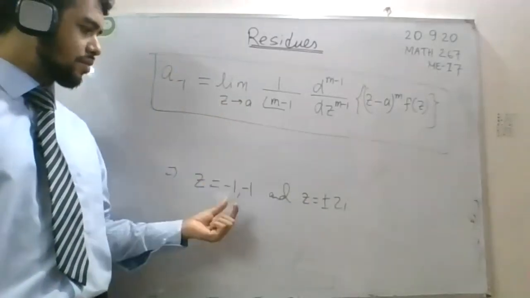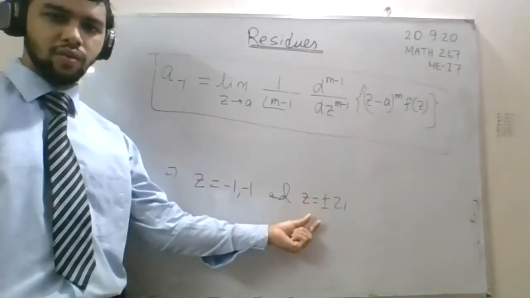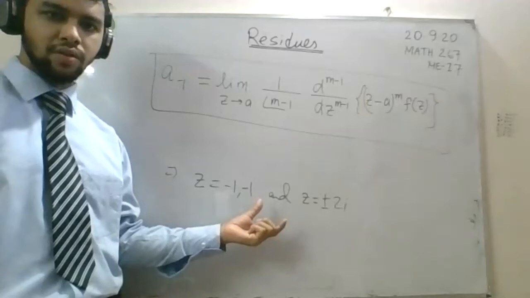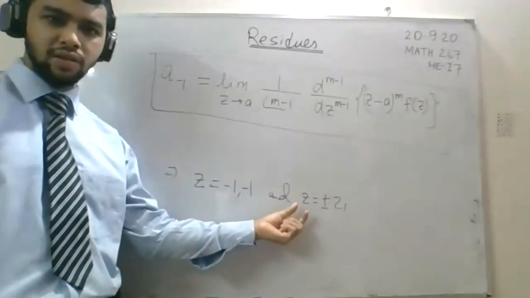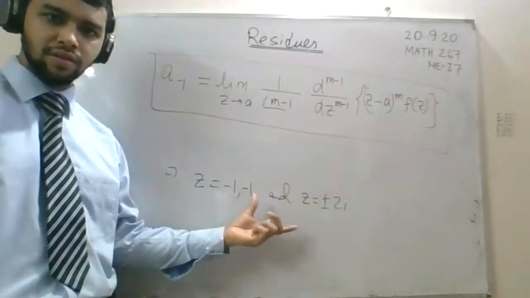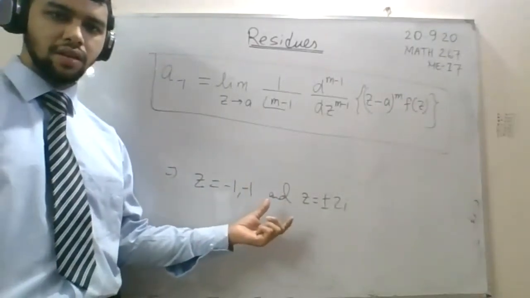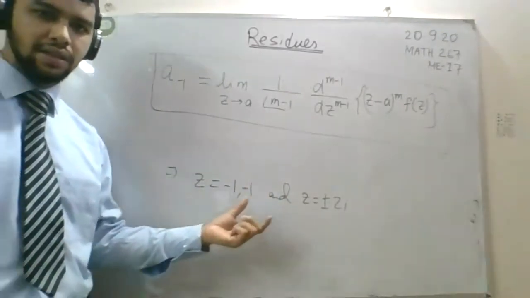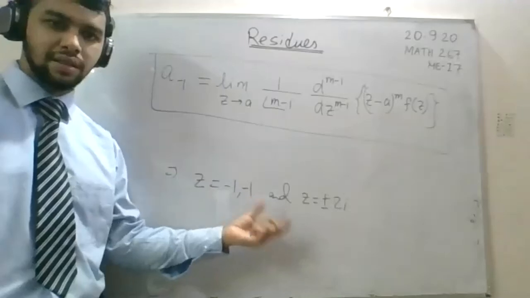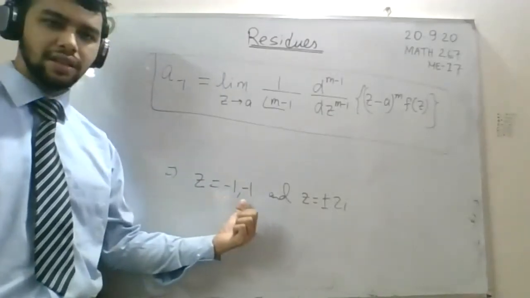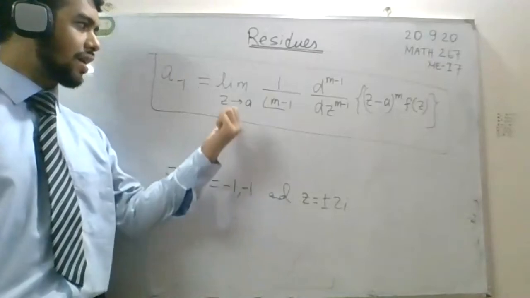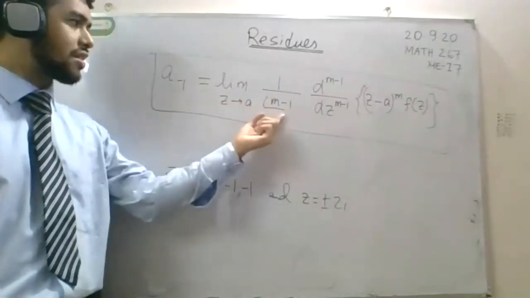So here, when we saw z equals 2i, we used the simple pole formula, and again for z equals minus 2i we used the same simple pole formula with z equals a. But here z equals minus 1 and minus 1, so that's why you have to apply the derivative formula here.